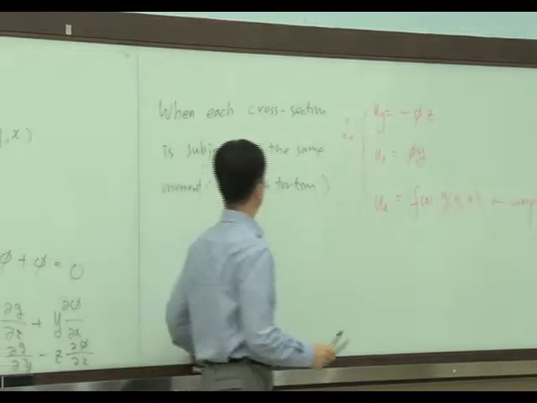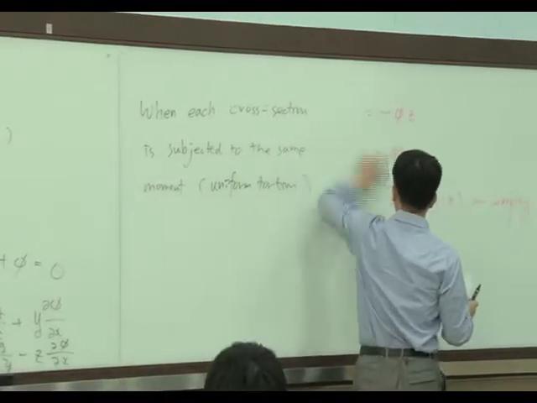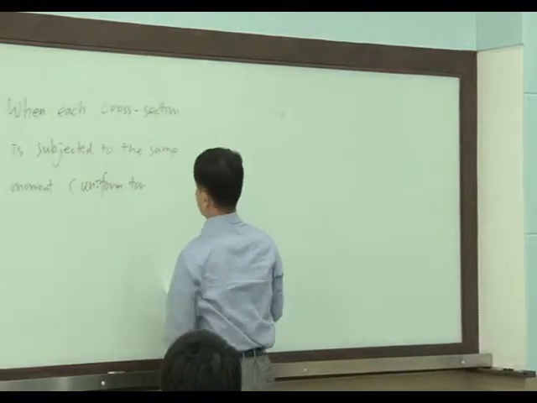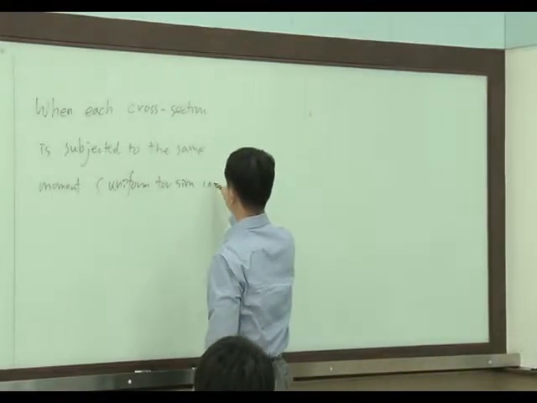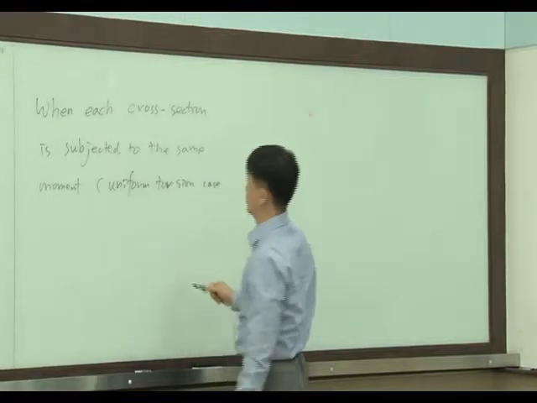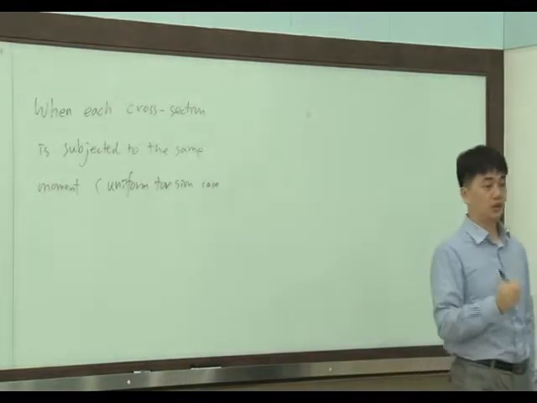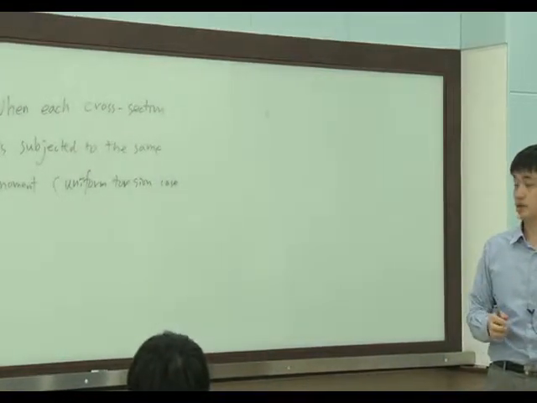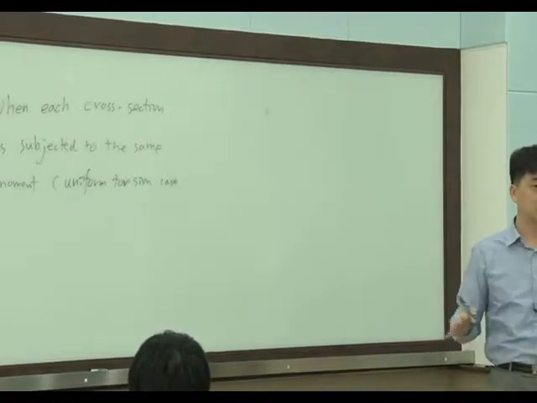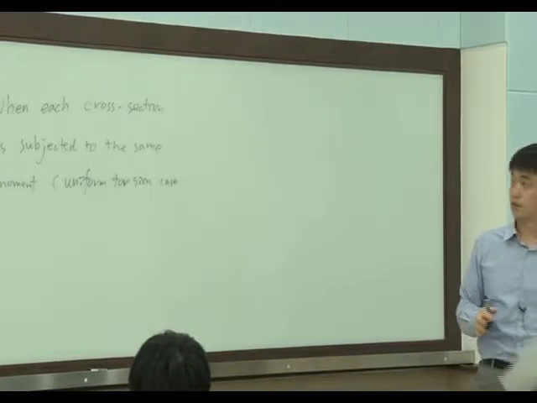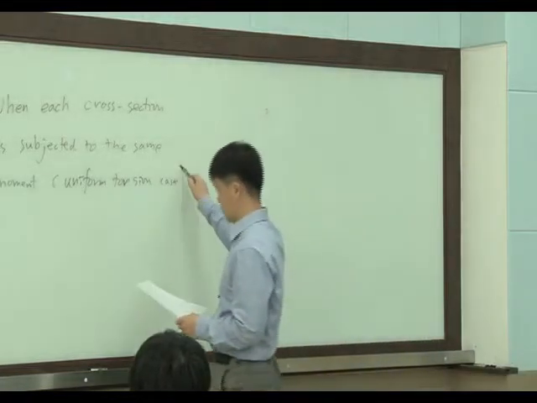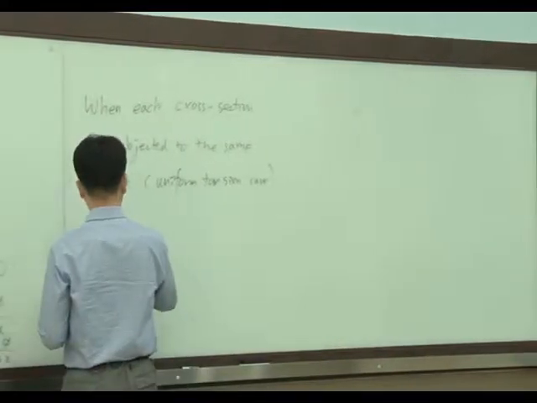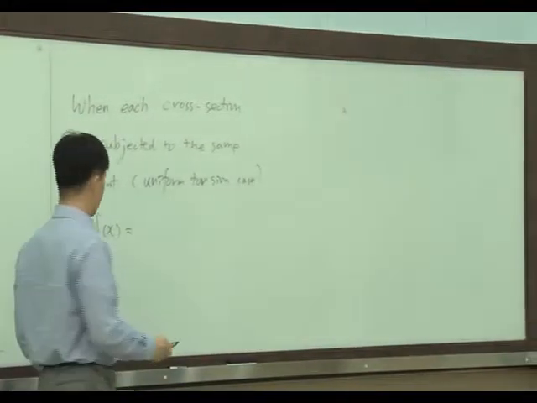Uniform torsion case. So when the cross section of the beam is subjected to the same, uniform moment, we can say this is a pre-warping case. So in this case, f(x) is constant.